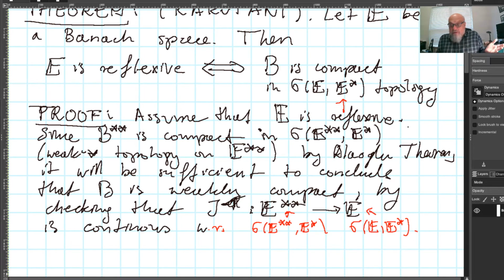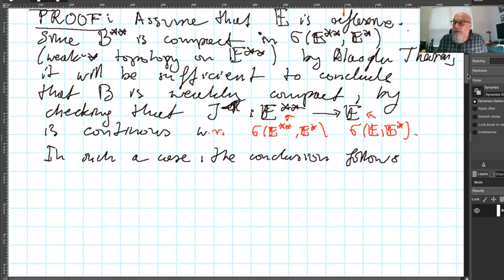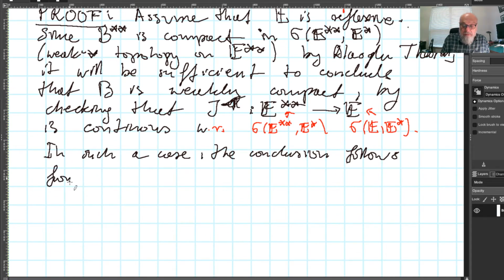Once we know it is continuous, in such a case the conclusion follows from the fact that the continuous image of a compact set is compact.